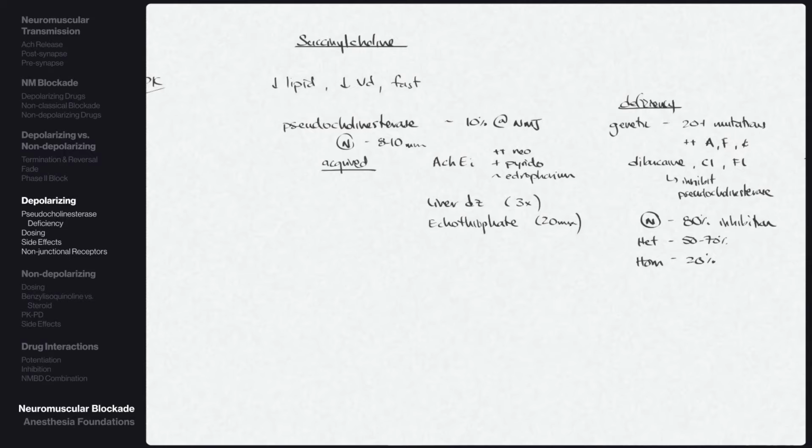Now, there are a number of other states and drugs that might lead to a variable amount of pseudocholinesterase enzyme, but may not always be readily apparent clinically. So we'll mention that these ones are a little bit more variable. This includes OCP, or oral contraceptive pills, and pregnancy.